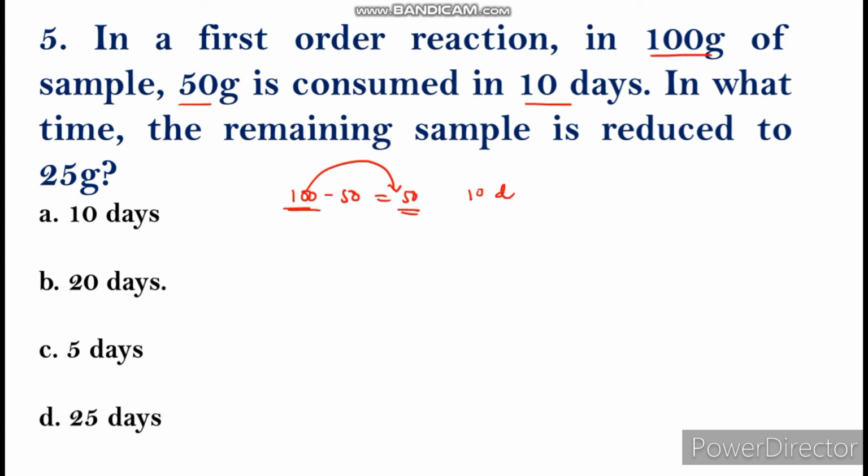In a first order reaction, half life doesn't depend on initial concentration. Whether the initial mass is 100 gram, 50 gram, 30 gram, whatever it may be, the time taken to reduce it to half is always the same. The remaining sample is 50 now, because 50 is consumed. Now out of 50, 25 is consumed, and I am left with 25.